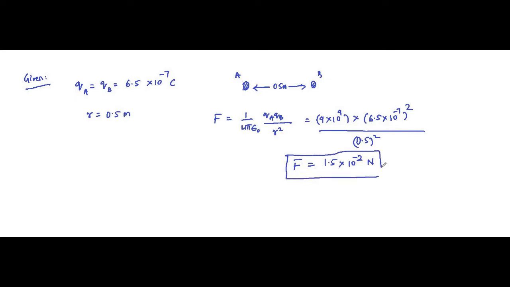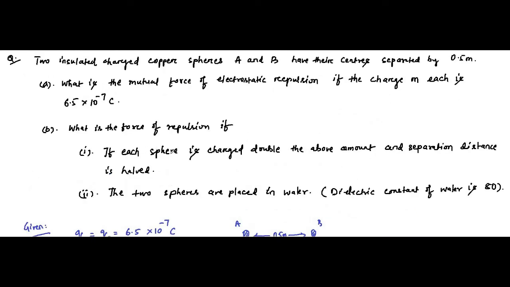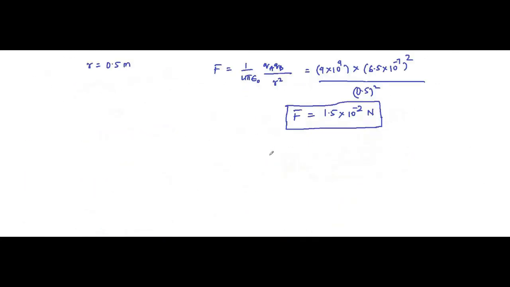Then it has been given that on each sphere A and B, the charge is doubled. So the new charges, qa dash is 2q and qb dash is also 2q.